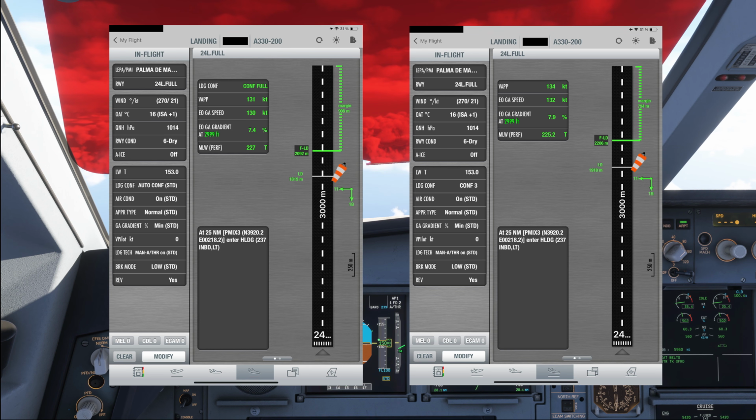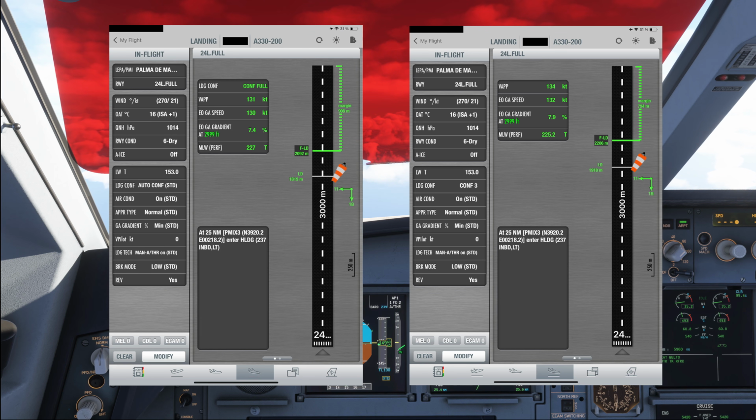On the right hand side I've manually forced it to config 3, and you can see that the approach speed is 3 knots higher at 134 knots and the factored landing distance required is 2206 meters. So the difference between the two is 3 knots of speed and approximately just over 100 meters of runway.